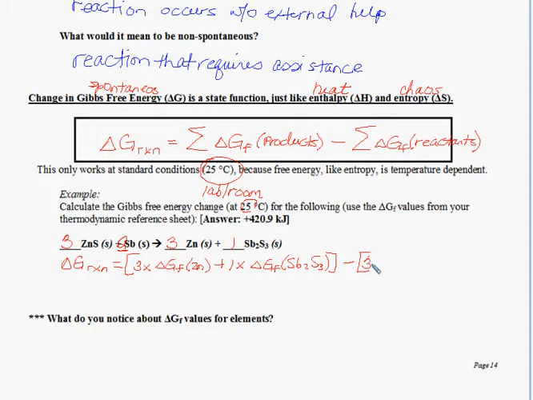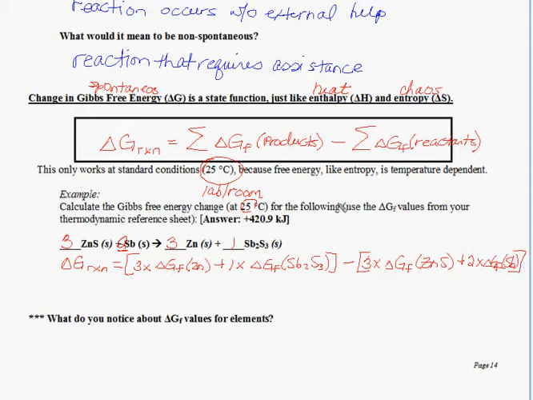So 3, again, because of the coefficients being the number 3. We're going to be looking for formations of zinc sulfide, and we'll include 2 formations of Sb, which is called antimony.